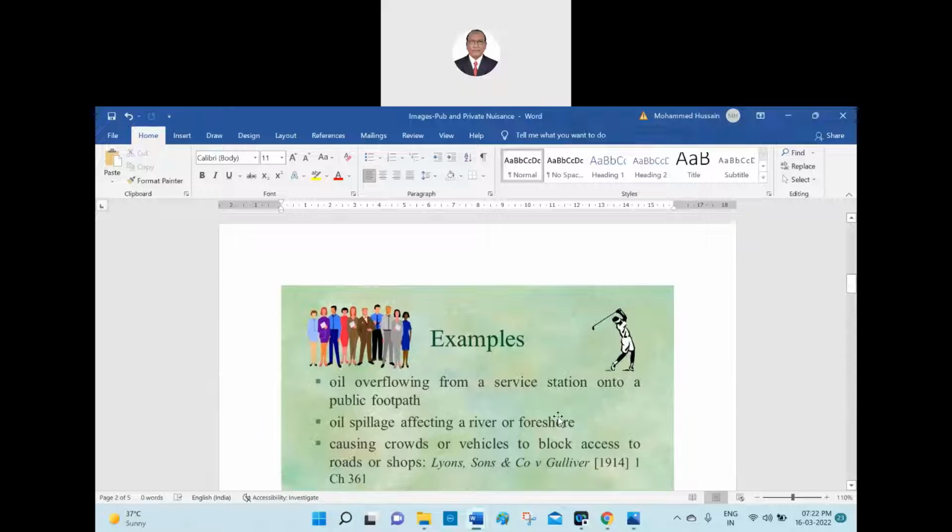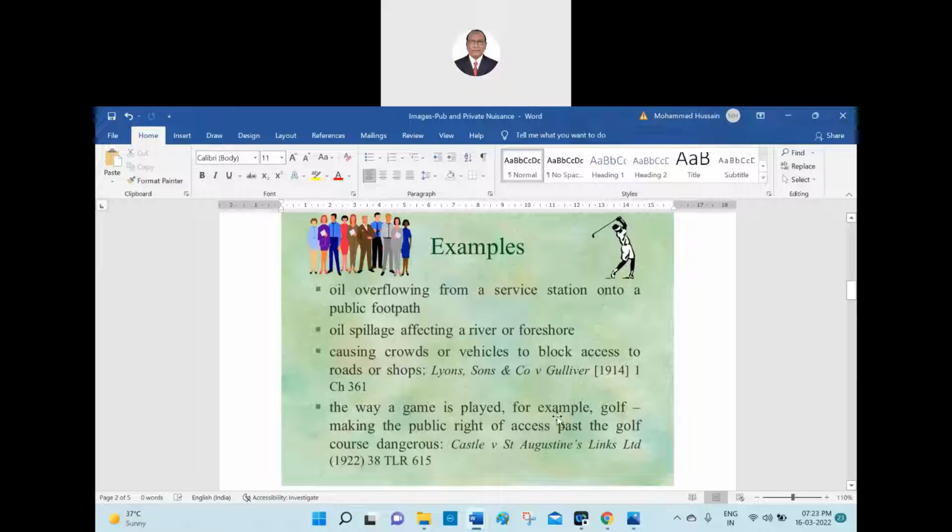So here, examples of nuisance I have given: oil flowing from the service station onto a public footpath. Then the footpath becomes slippery and people may fall because of skidding. And oil spillage affecting the river or foreshores.